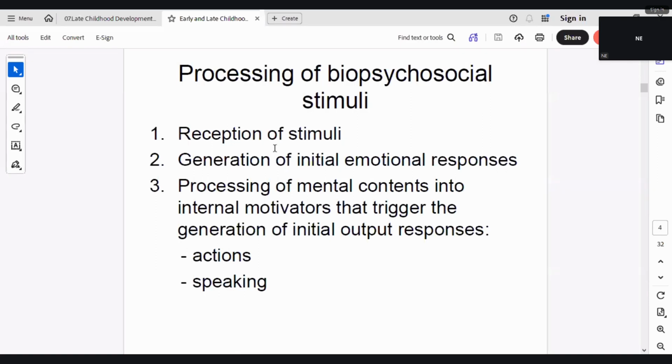Then there's a processing of the mental contents, which then triggers an output. They smelled something nice, and how do they respond, by actions or things they say? Or they touched something hot. How was the response in terms of things they say or do? Every stimulus that we receive triggers an emotional response, which in turn affects our behavior.